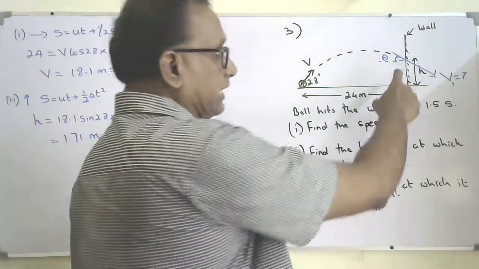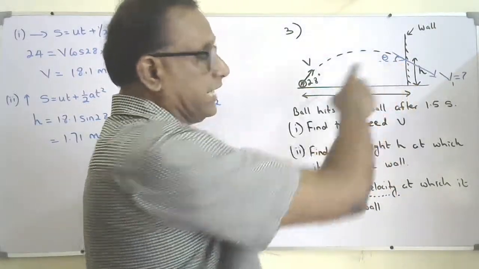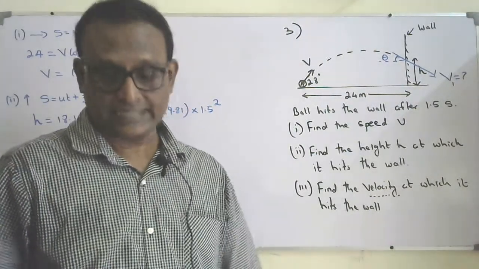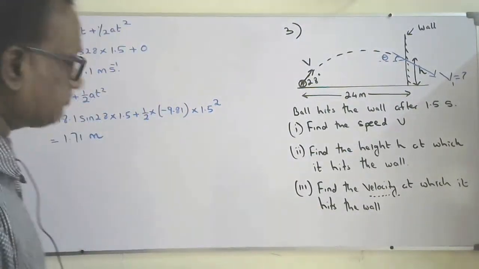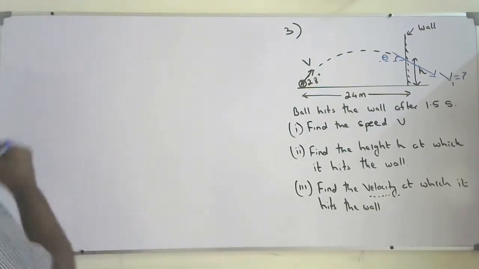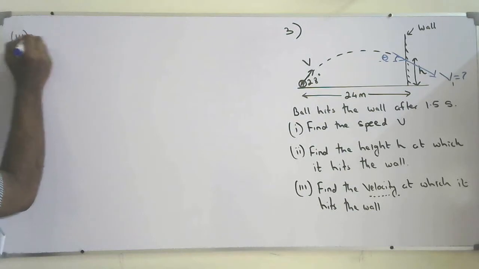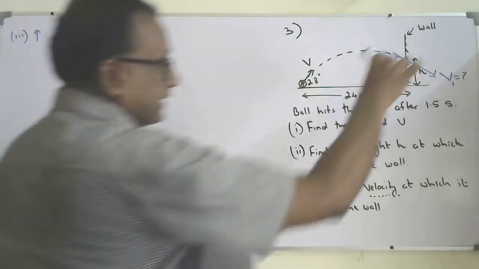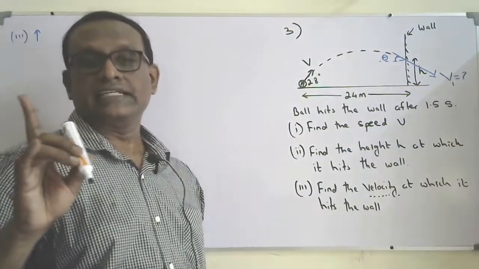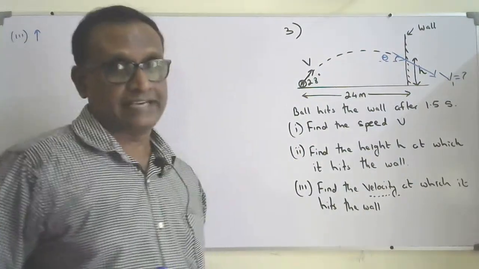So I need to find the vertical component of the velocity during collision. For that I'm going to use v equals u plus at in the vertical direction. Actually, I know when it is hitting, the vertical component will be in the downward direction. When I use vertical direction upwards, I'll get a negative answer.